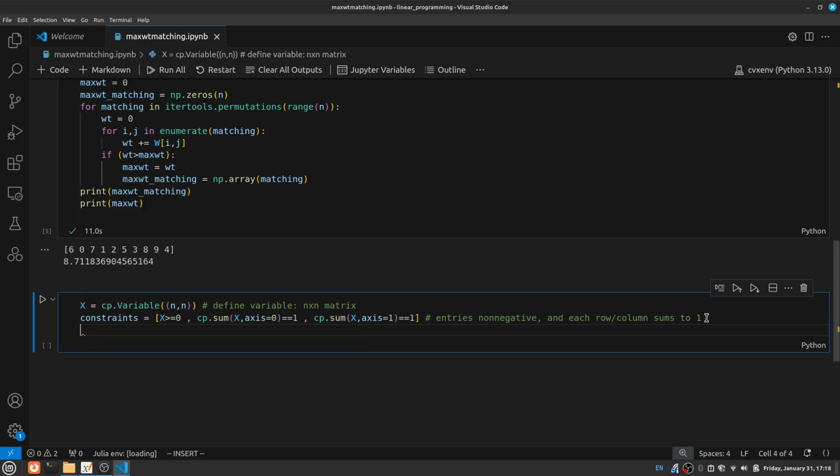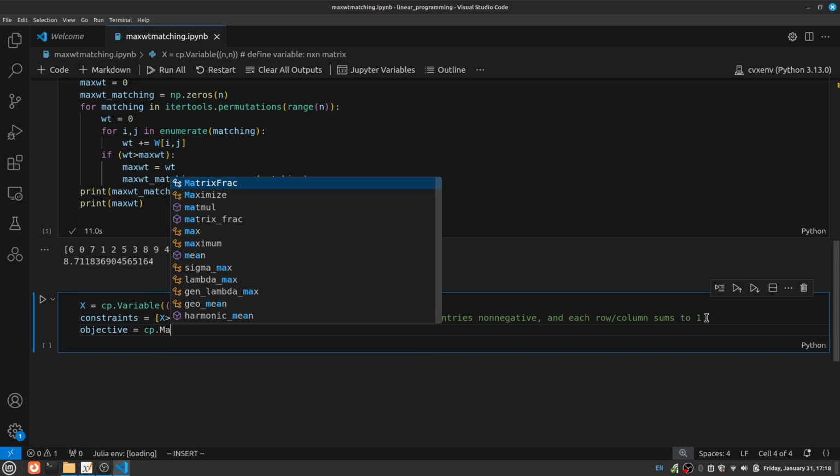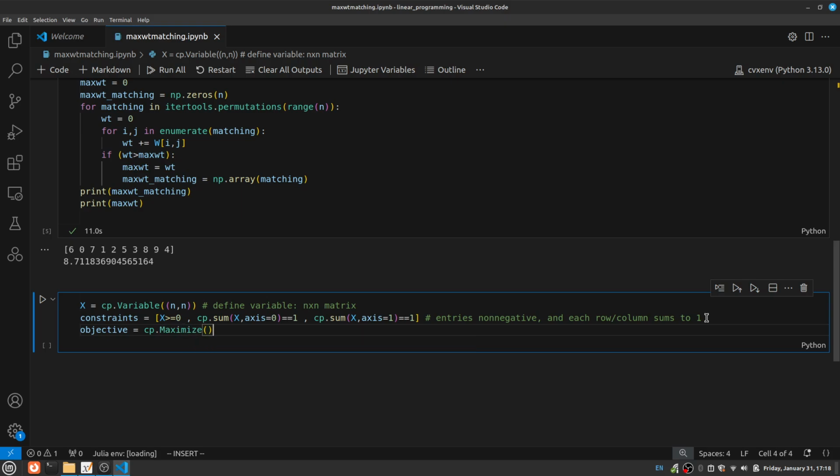What is my objective? The objective is always either to maximize something or minimize something. In this case, I want to maximize, right? So basically, I take the product of x and w and then sum all of the entries of this product.